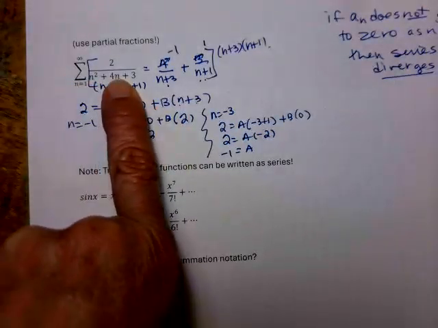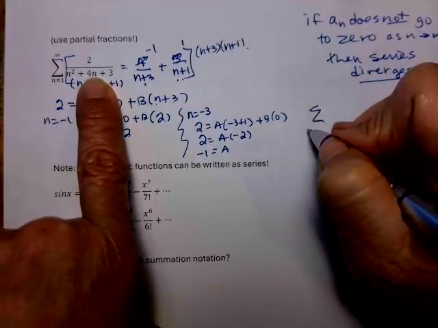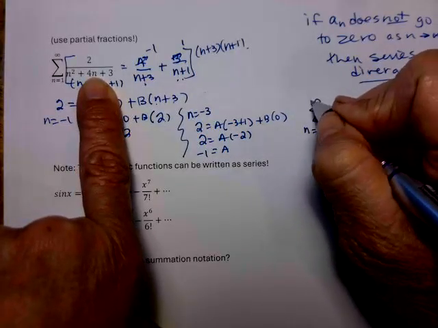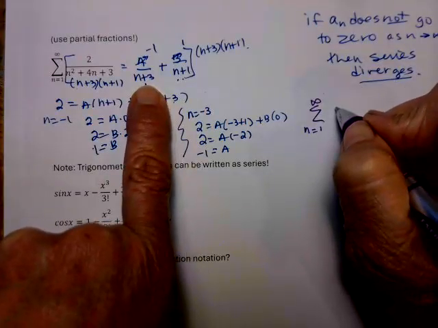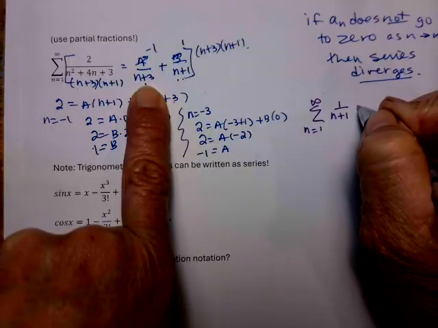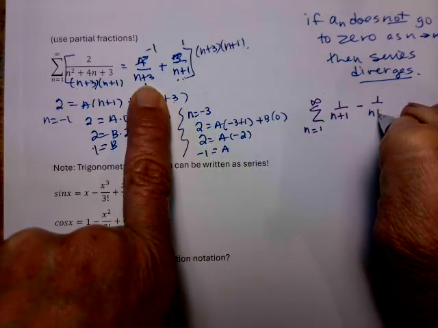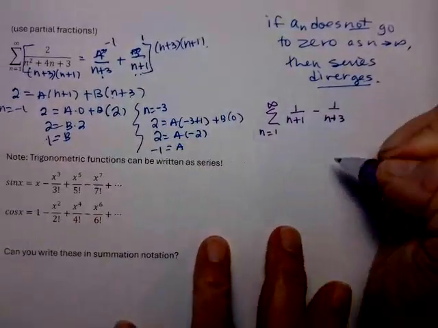This means I can rewrite my summation, from 1 to infinity, and my fraction can be written as, I'm going to write my positive one first, 1 over n plus 1 minus 1 over n plus 3. Okay, phew.